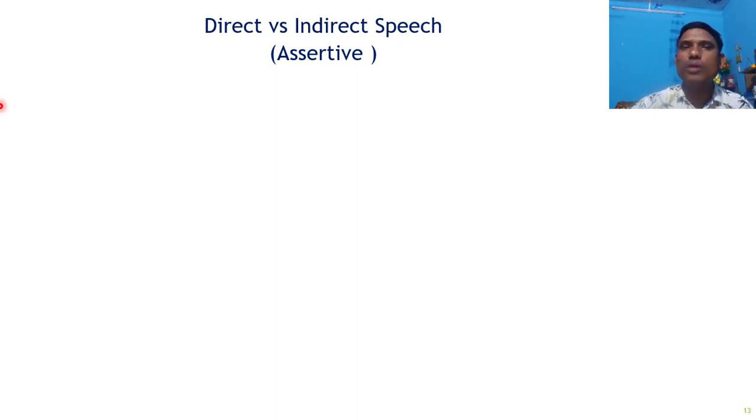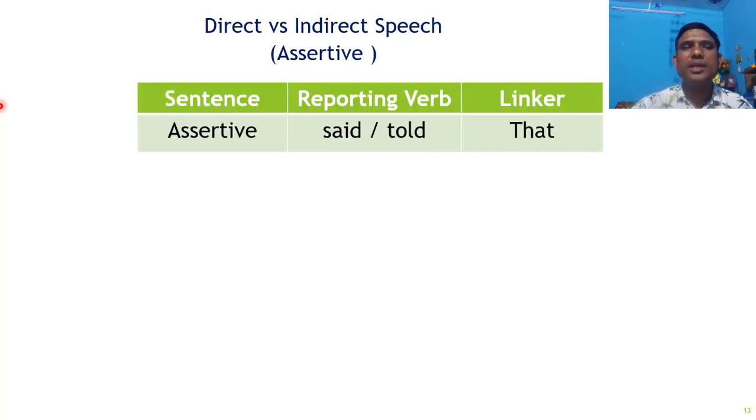Dear students, now I am going to show you some examples on assertive sentences. Again, I am telling you, in case of assertive sentence, said or told is used as the reporting verb. Said is used without an object.